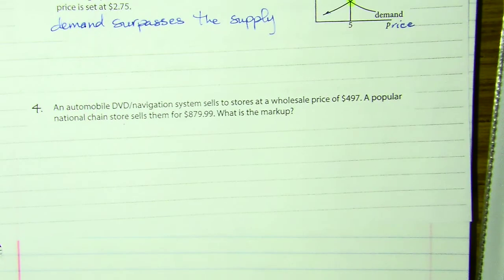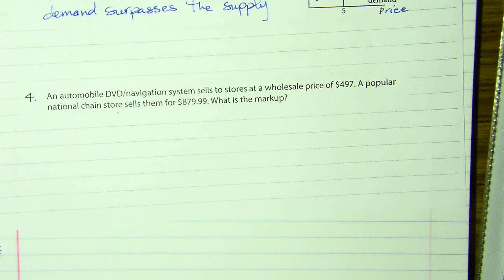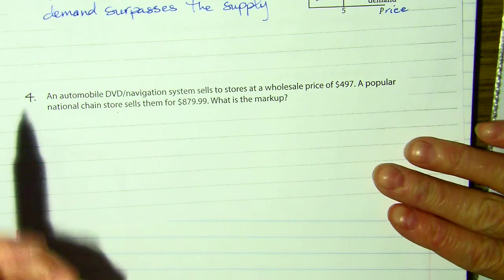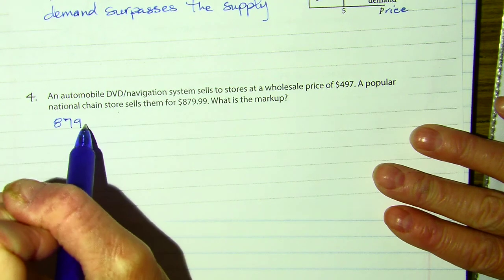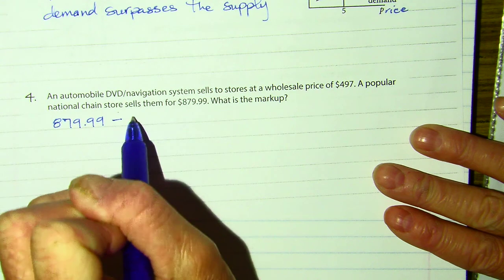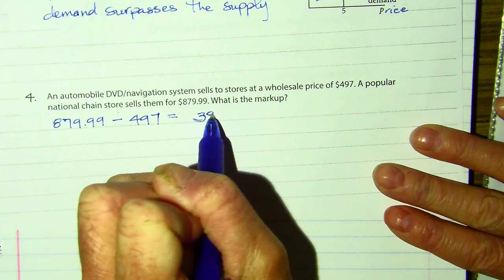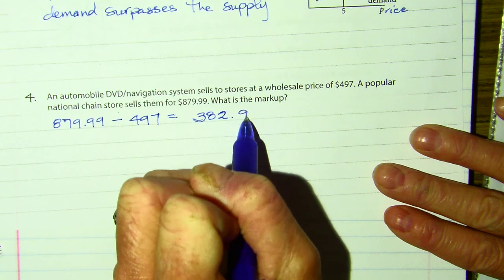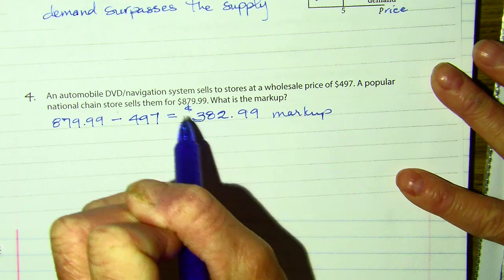Number 4, an automobile DVD navigation system has a wholesale price of $497. A national chain store sells them for $879.99. What is the markup? So first I need to find the difference. So here is the sale price minus the wholesale price. And that gives me a markup of $382.99. So that is the markup in dollars.